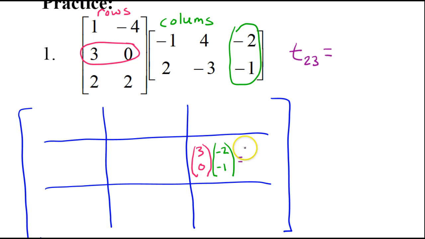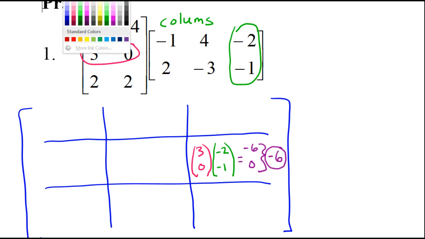That's going to give me -6 and 0. And if I add these, that's going to give me -6. So if I only asked you for the element T23, then the answer would be -6. I just wanted you to be familiar with that notation. But anyway, let's get back to finding the whole matrix.